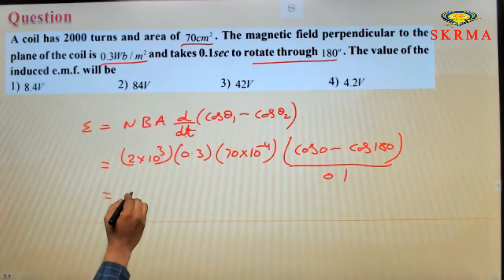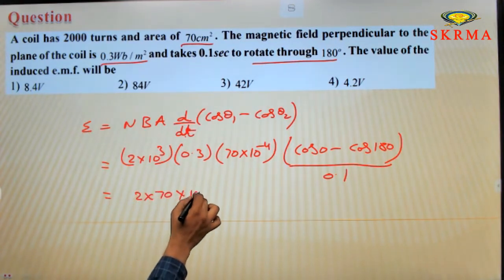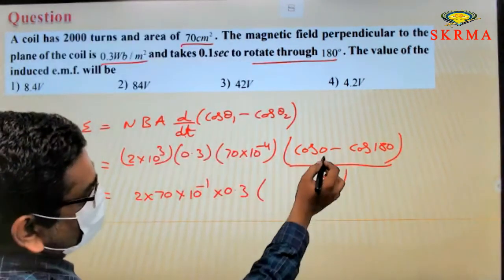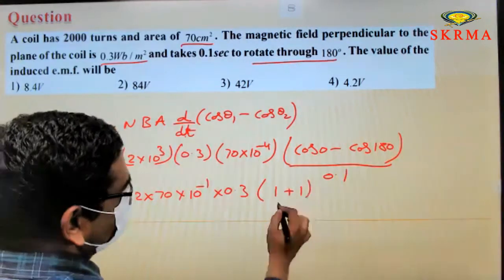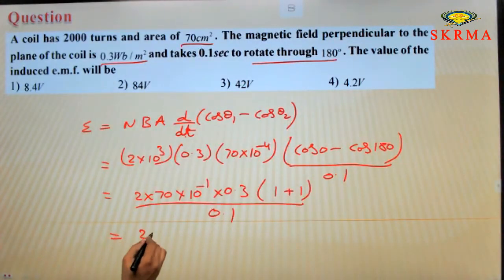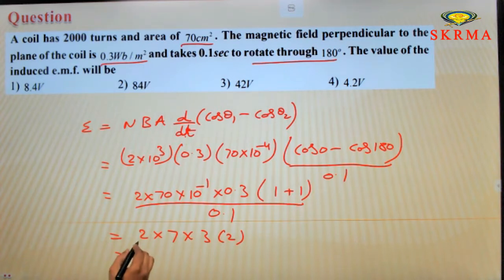Now solve this one further. 2 into 70 into 10 power minus 1 into 0.3 into cos 0, 1 plus 1 by 0.1. So 2 into 7 into 3 into 2. So you will get 84 volts.